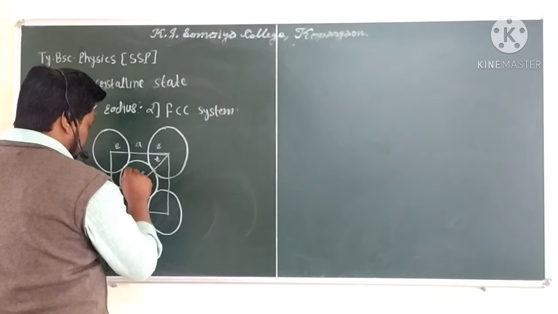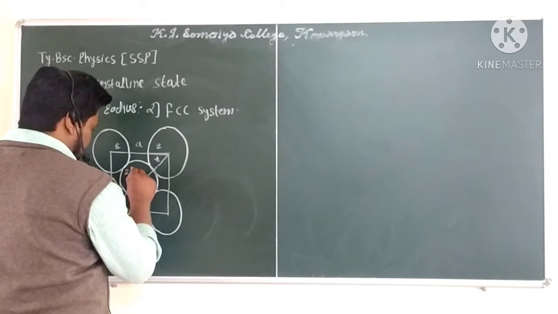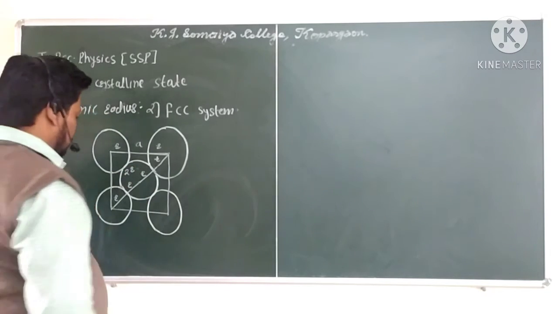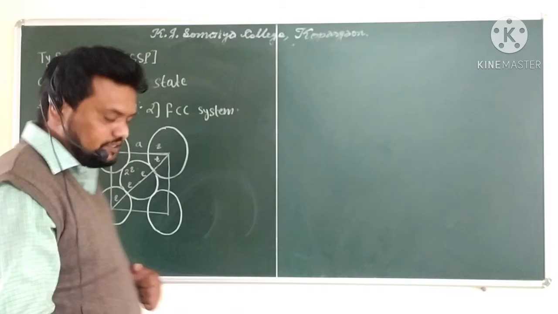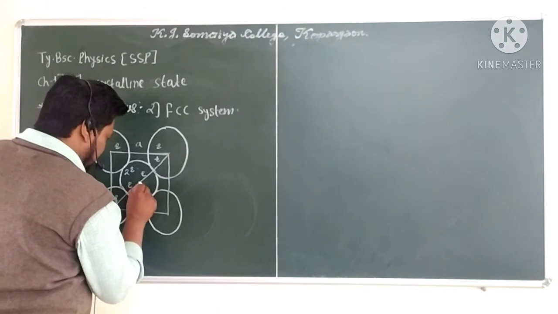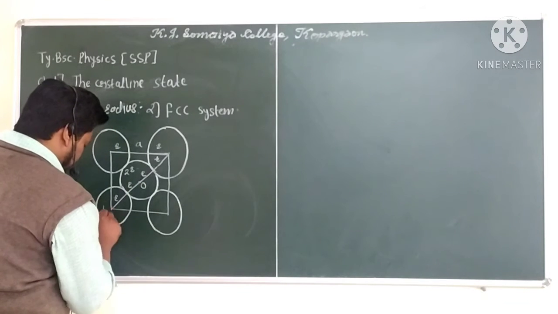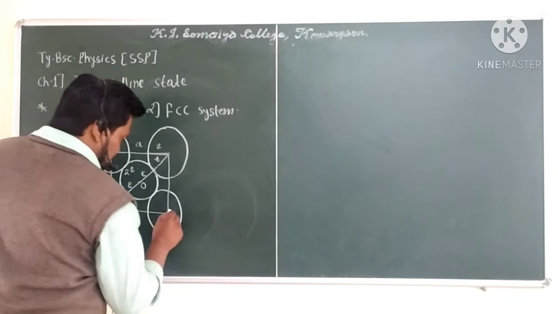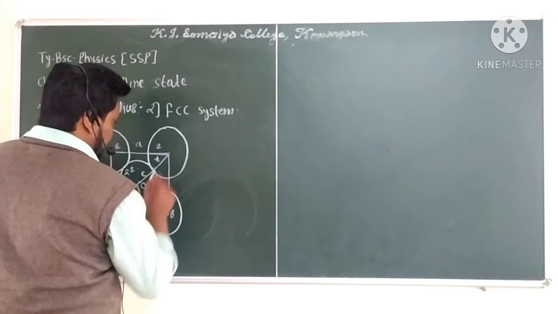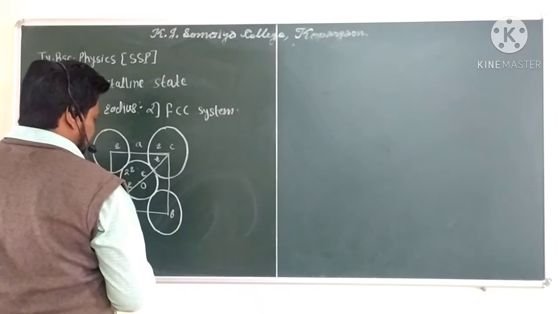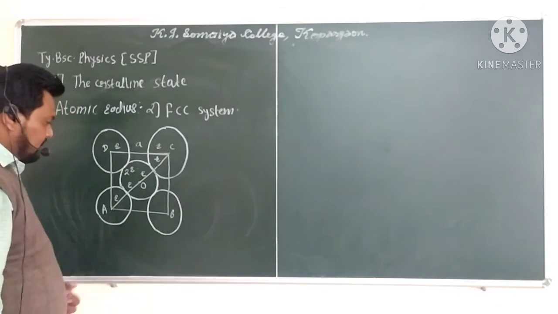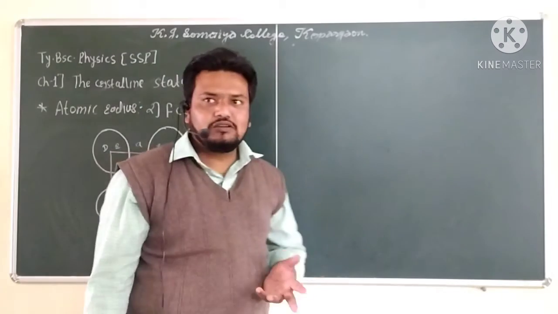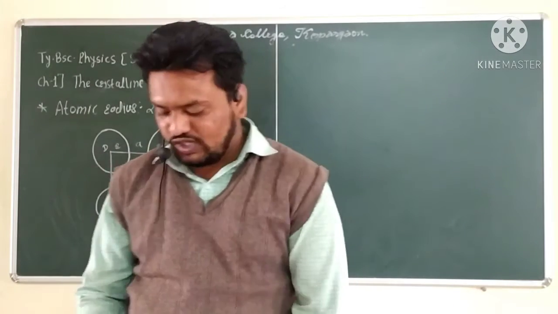So the total distance is the diameter, which is 2r. Consider the points A, B, C, D, with this center point O, this point A, this point B, this point C, and this point D. And we have already seen what is meant by the radius.